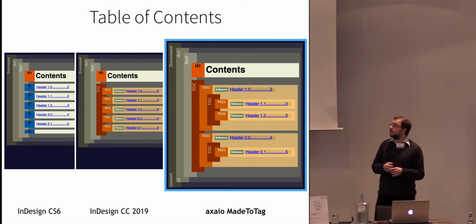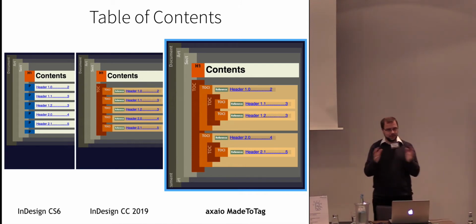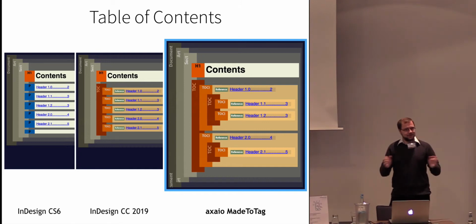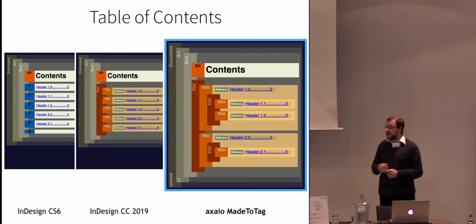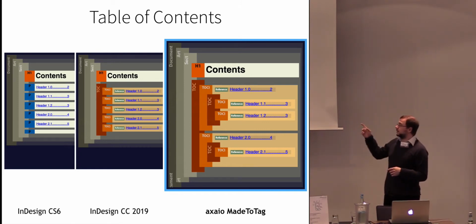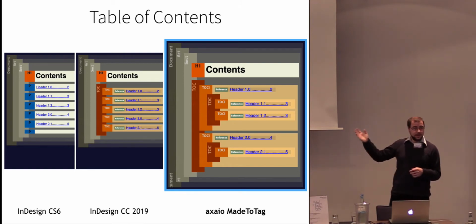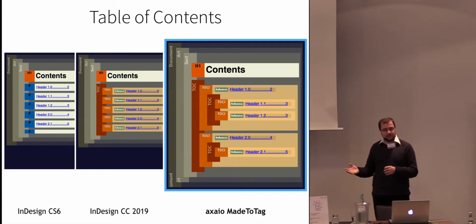So the value for the screen reader is just having a better overview about what the structure of the document is. And also, we use the InDesign table of contents feature. So if you created your InDesign file with a table of contents in InDesign, we will fix the output in that way.